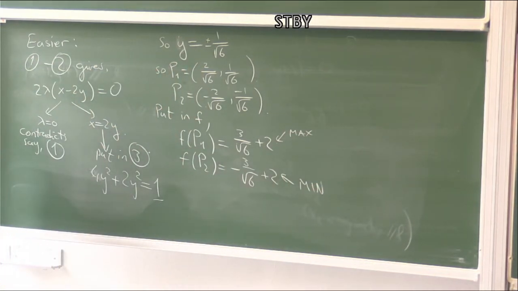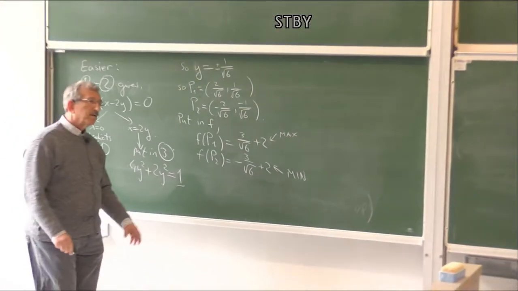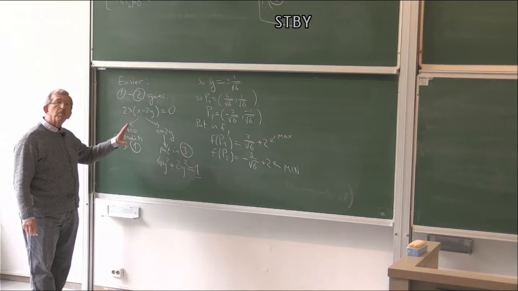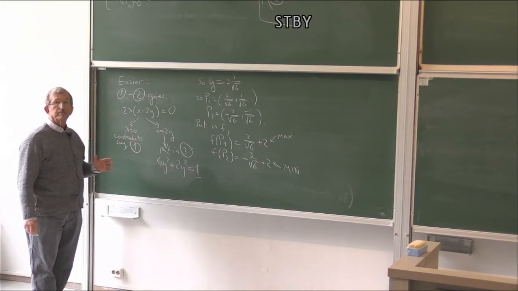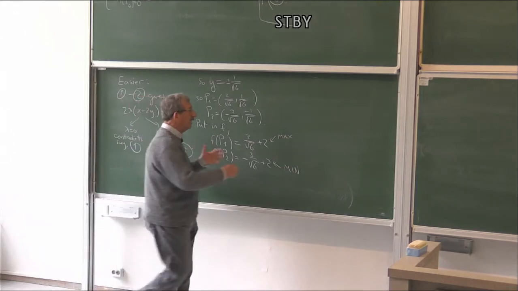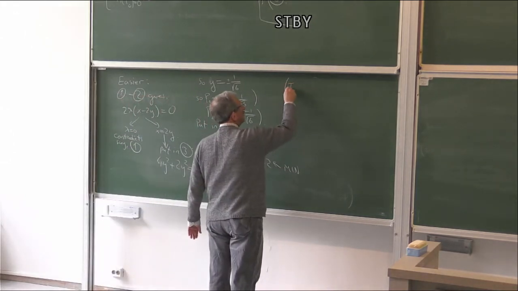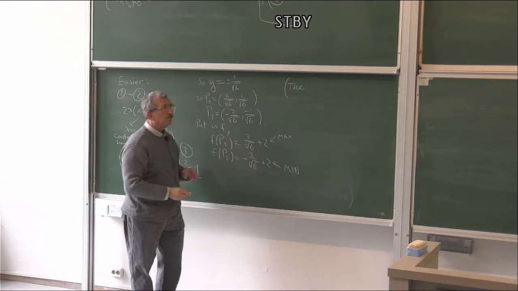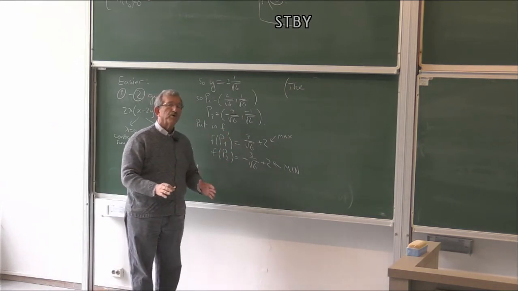Why? Because the curve in question is an ellipse. Why are we sure that this is the maximum and this is the minimum? We only know they are critical points.